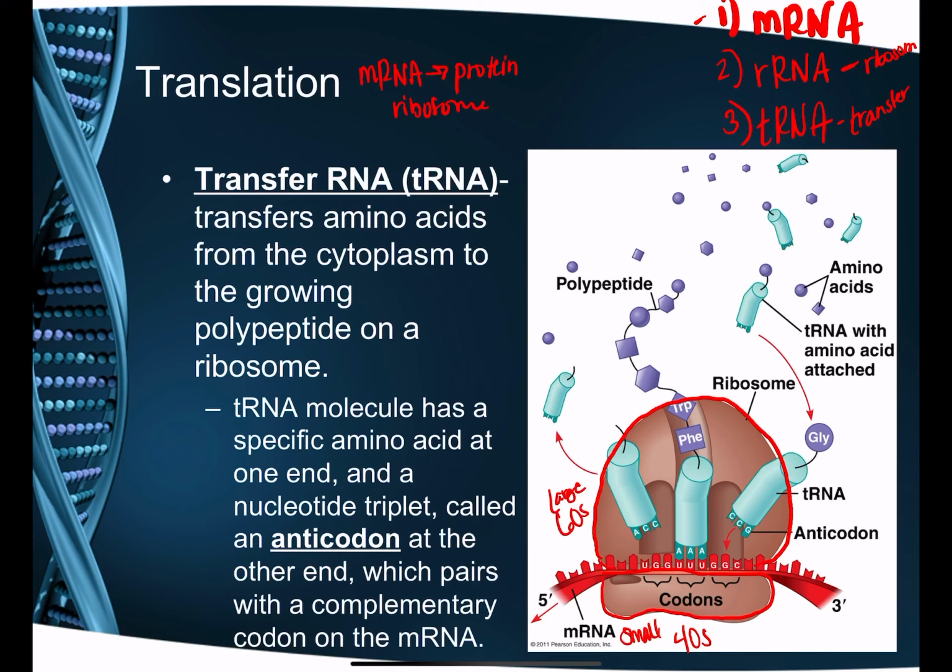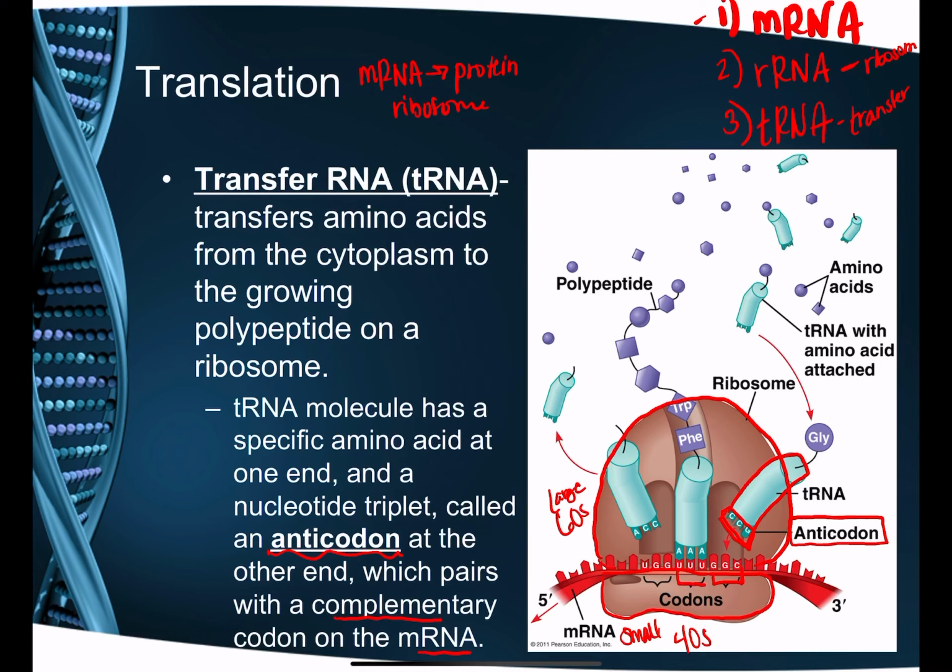And so the tRNA is what's responsible for bringing the amino acid. So this right here is our tRNA. On the end of the tRNA, you see three bases, and those are referred to as the anticodon, okay? Anticodon is on the tRNA, and it is complementary to the codon on the mRNA. So see here, this codon says GGC, so this one's going to say CCG.